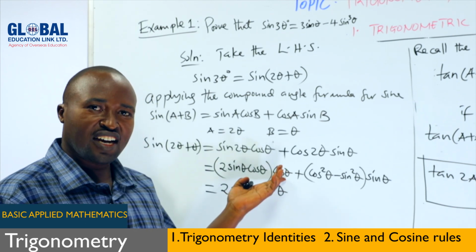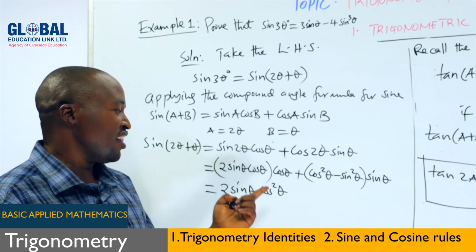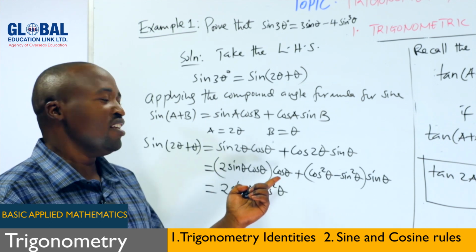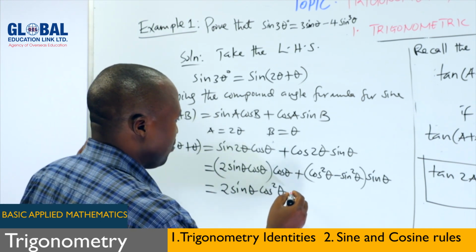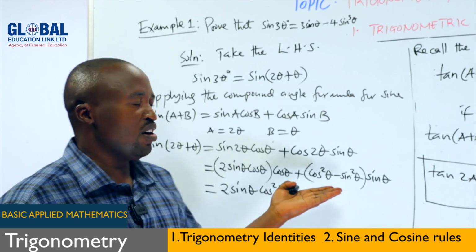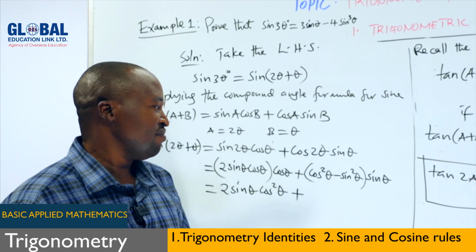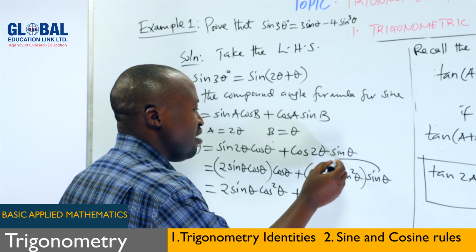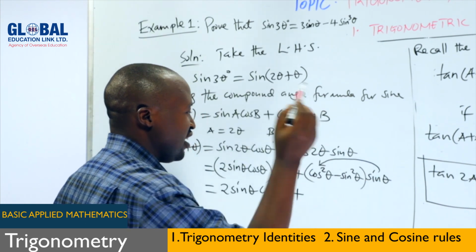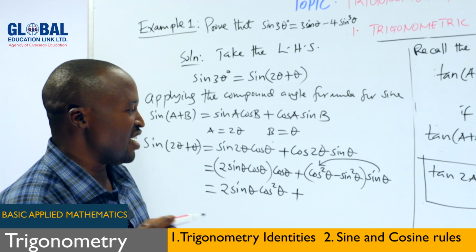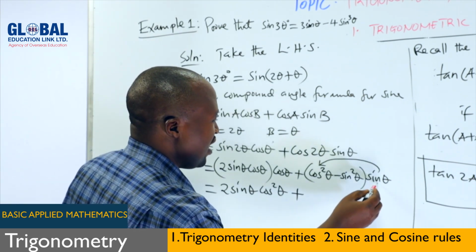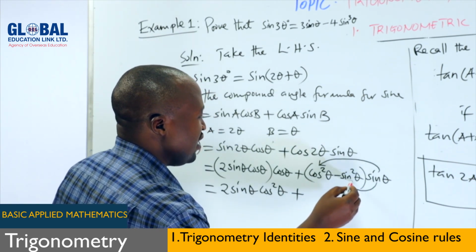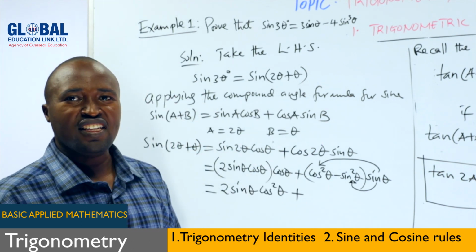Because cos theta times cos theta, that is cos squared theta. Then plus, again we open up the bracket here by taking sine theta times cos squared theta, and again minus sine theta times sine squared theta.